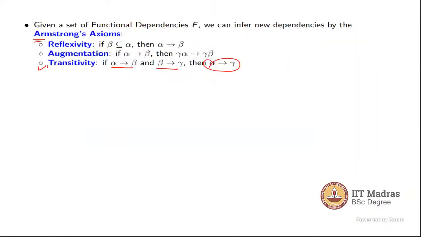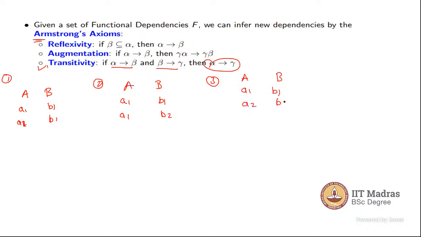So we'll discuss it here. Say it is A and it is B. First: A1, B1. Now second: A1, B1 and A1, B2. Now third: A1, B1 and A2, B1. Now suppose the fourth condition: A1, B1 and A2, B2.